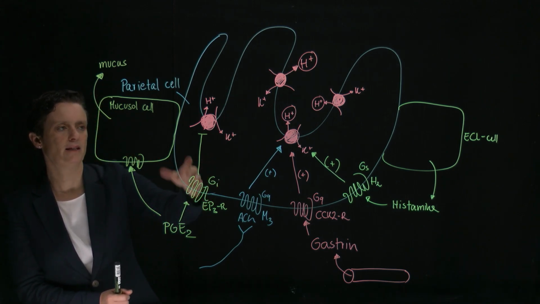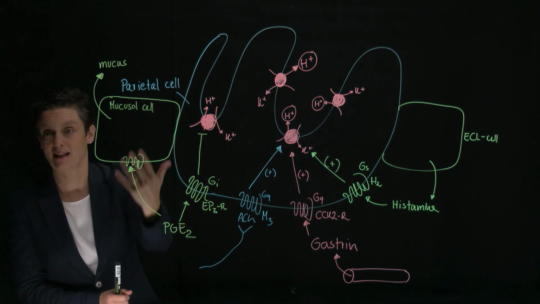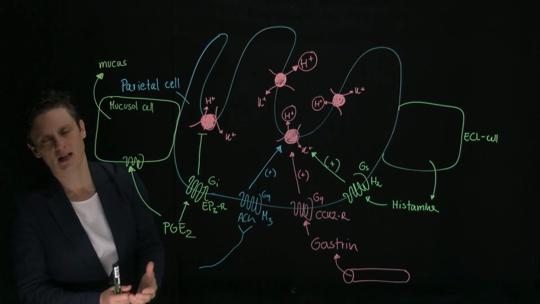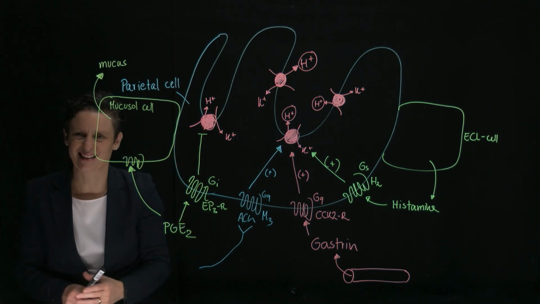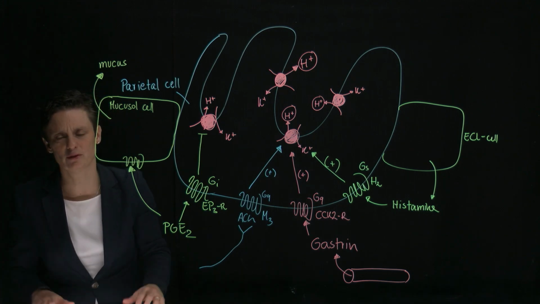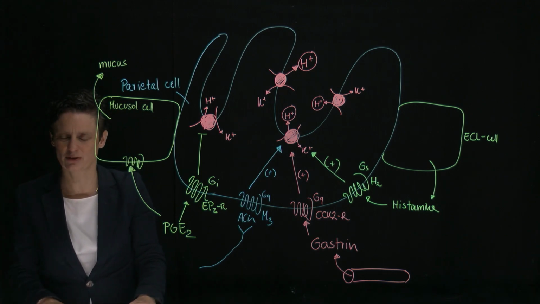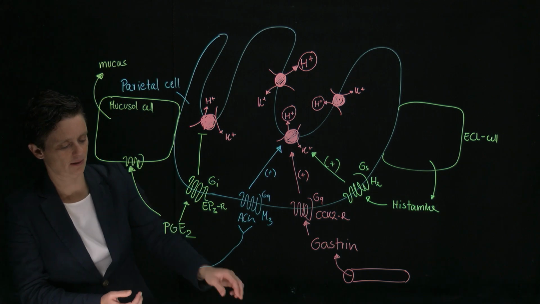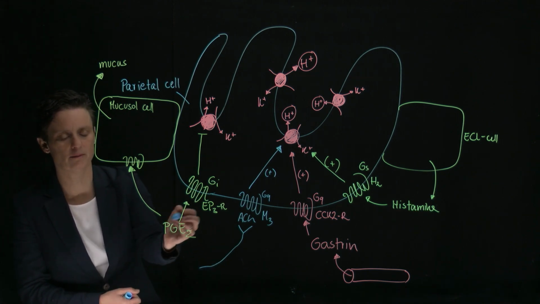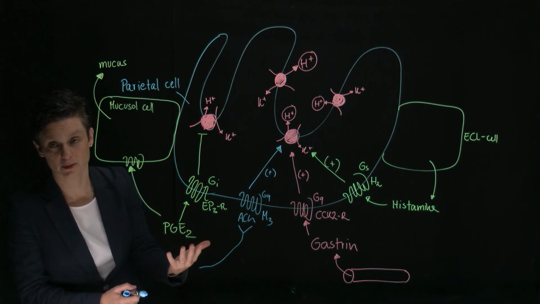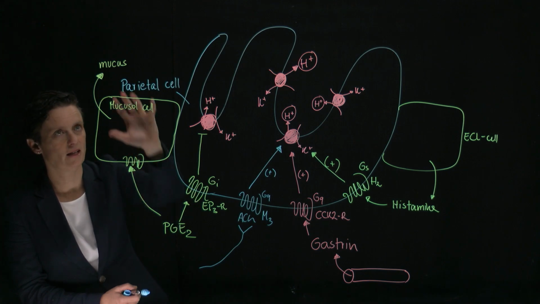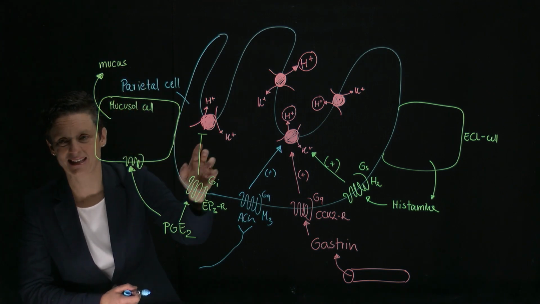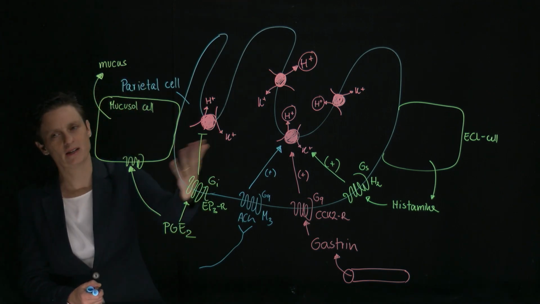The one thing is inhibiting acid, the other thing is making more mucus. And you may remember that NSAIDs are specifically harmful to the gastrointestinal tract, and now you can see why that is. Because if you take away prostaglandins, like you do with NSAIDs, you're lacking mucus production and make more acid because you take away this inhibitor.